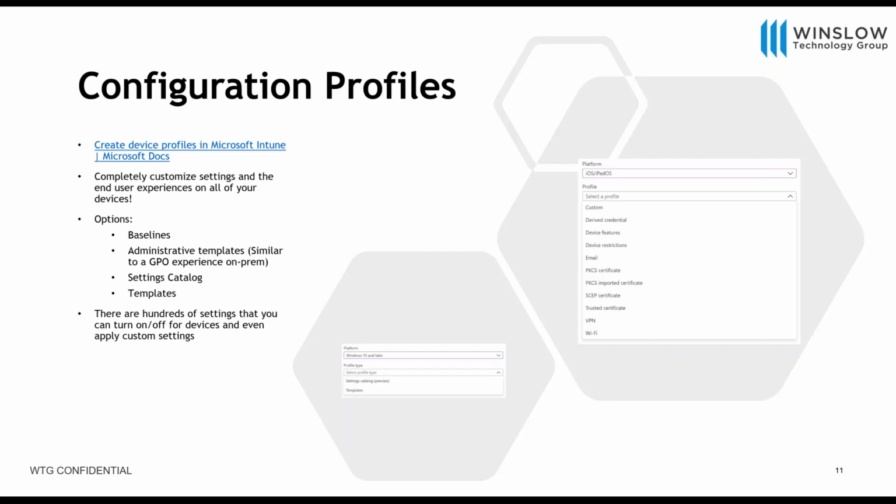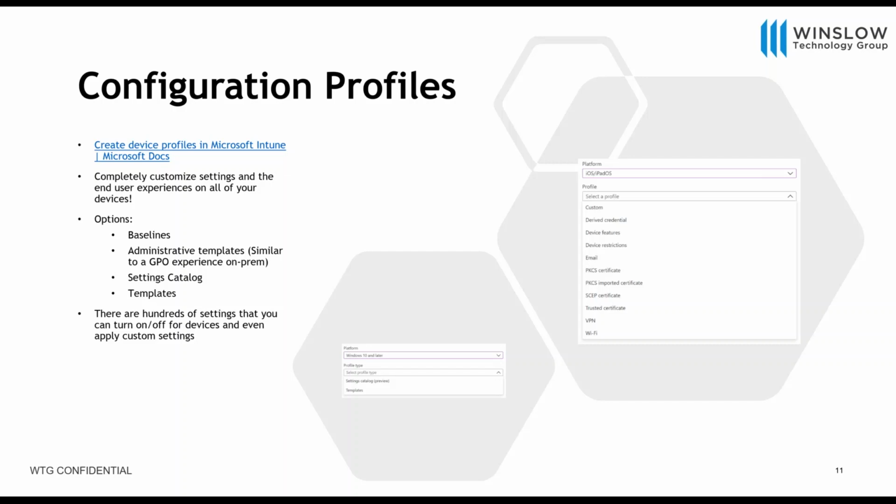So if you want to deploy out Wi-Fi settings to every device that's going to be on your network, or maybe start controlling certain features that are going to be turned on and off, like if you don't want the Windows Store to be turned on, or there's certain certificates that need to be imported. All of those settings could be applied right through a configuration profile. These could be customized to really get your end user experience as standardized as possible.